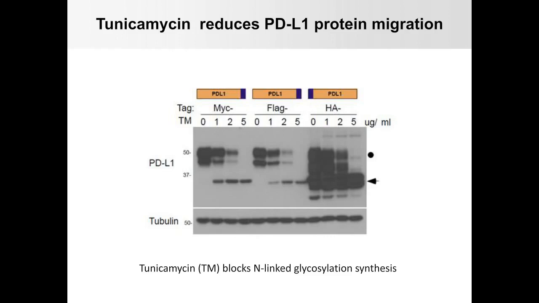Tunicamycin is a chemical that can block N-linked glycosylation synthesis. We found that when we increase the concentration of tunicamycin, the molecular weight 50 PD-L1 starts to decrease to molecular weight 33 kilodalton. So this result suggests PD-L1 is a highly glycosylated protein, as long as we use an overexpression system or when we look at the endogenous level.